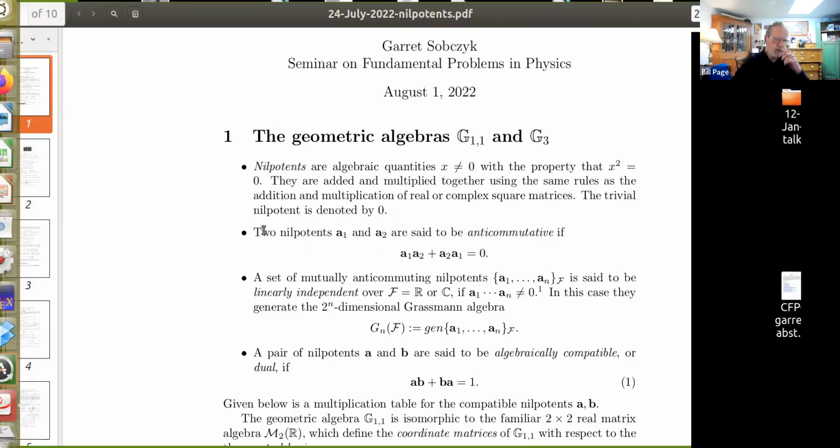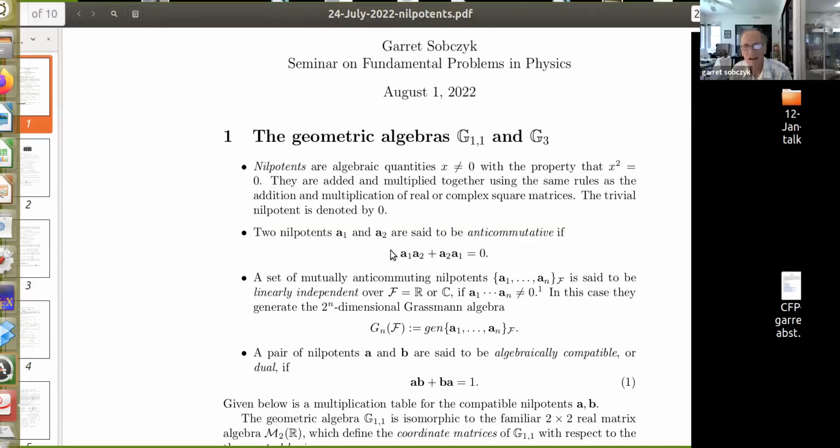Okay. Do you need anything other than the fact that it's non-commutative? No, I don't. All I need is the idea of a nilpotent, which has square 0. And I'm saying that we're going to add these algebraic quantities and multiply them using the same rules as matrix algebra.